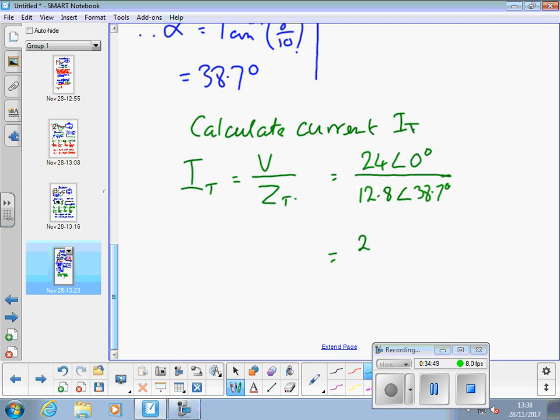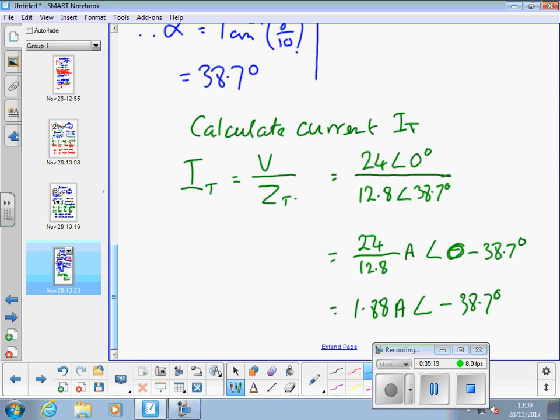So it equals 24 over 12.8 amps angle 0 minus 38.7 degrees, equals, what do you say that is, Lewis? 1.88 will do then, amps angle minus 38.7 degrees.